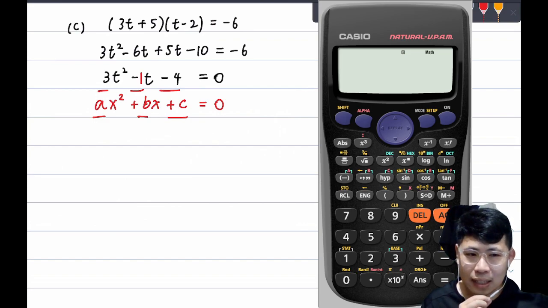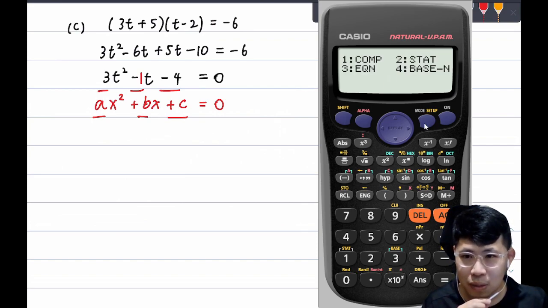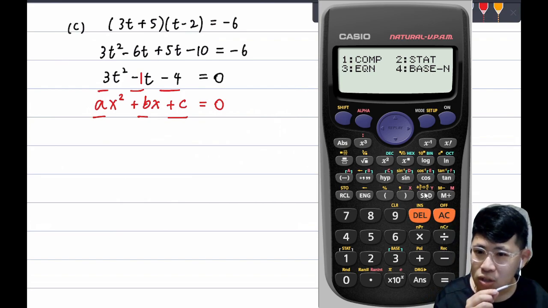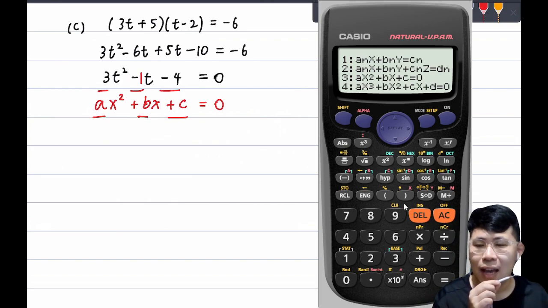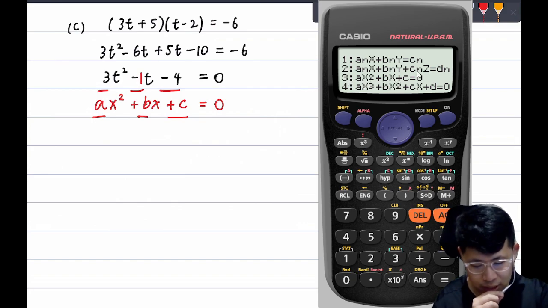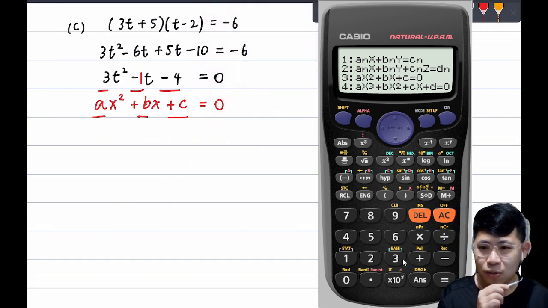Okay, so watch what we do. On the old calculator, sorry, I don't have the one for the new calculator, but I can show the old one. For the old calculator, you press mode. Now you have computation, statistics, equation, base n. We are doing equation, so press number 3. Which type looks like a quadratic equation? You see number 3, ax squared plus bx plus c, which is exactly this one over here. So we click on 3 again.